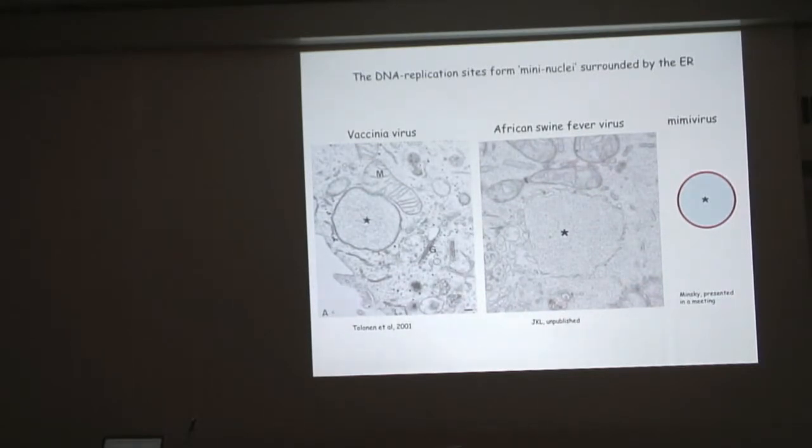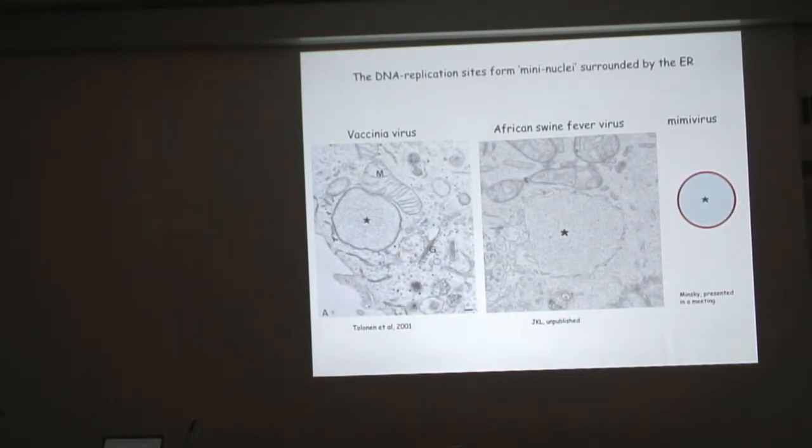I think that this basically just represents the dynamics of the ER. We have observed this for Vaccinia virus. I recently observed this myself for another large DNA virus, African swine fever virus. And I was recently in a meeting where Abram Linsky also proposed that for Mimi virus, the DNA replication site is surrounded by the endoplasmic reticulum.